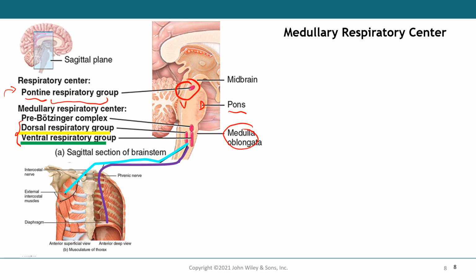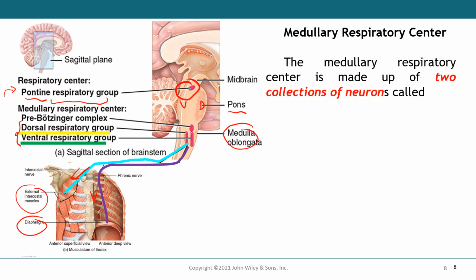In particular, the ones of the medulla oblongata, if you see these two arrows here, will be in charge of controlling the intercostal muscles as well as the diaphragm. So they are very important in respiration. I just told you that both the pons and the medulla oblongata are working.